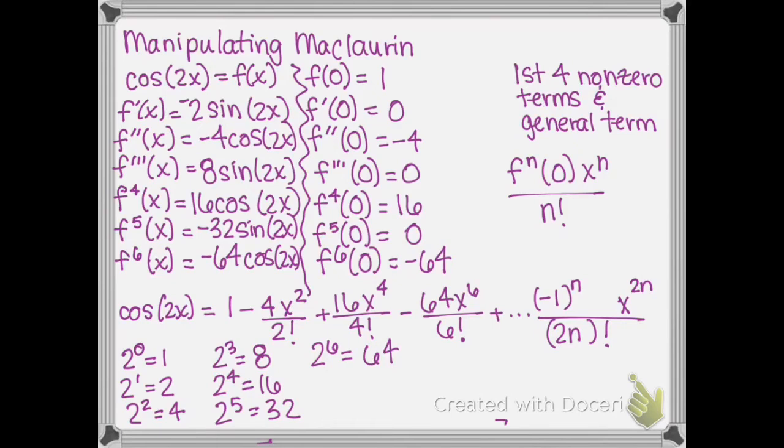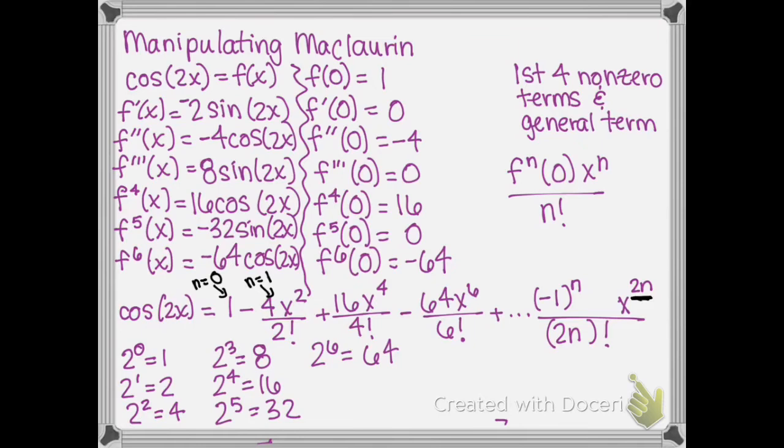Let's go ahead and investigate this a little further. If this here is our n equals 0 term, that makes sense because 2 to the 0 power is 1, and then we have x to the 0 power over 0 factorial. This is actually the n equals 1 term. Because look, if our power on x is 2n and we were to input n equals 1, then we would get a power of 2 here.